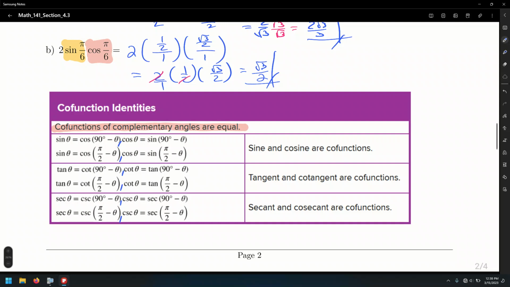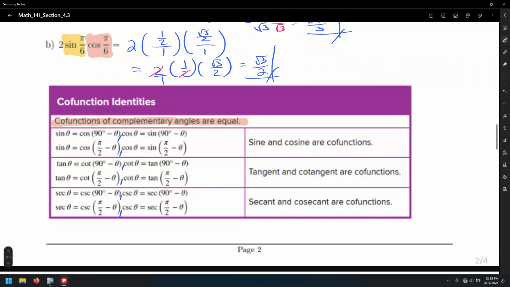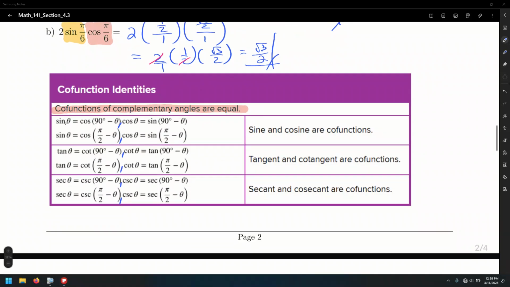In this case, we want the complementary angle. So, in the same way that sine theta equals cosine of 90 degrees minus the given angle, that is the complement, the difference between 90 and the angle is going to be the complement.